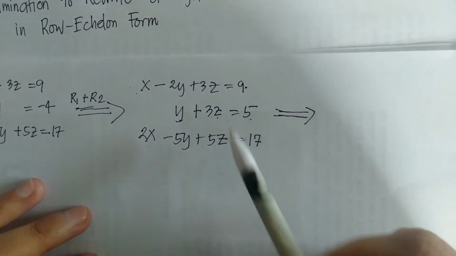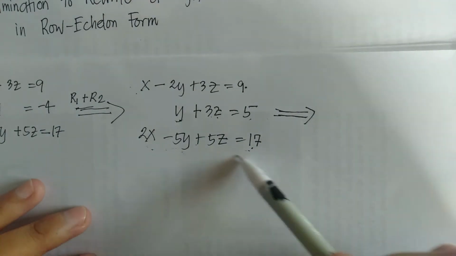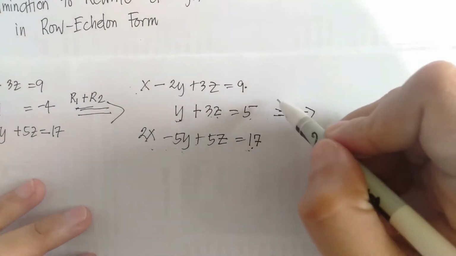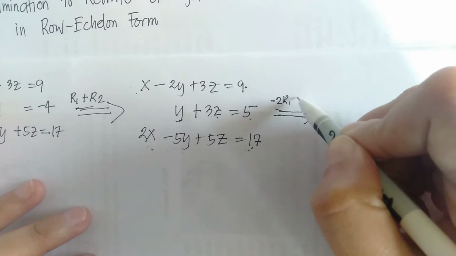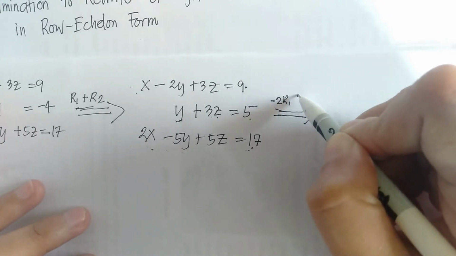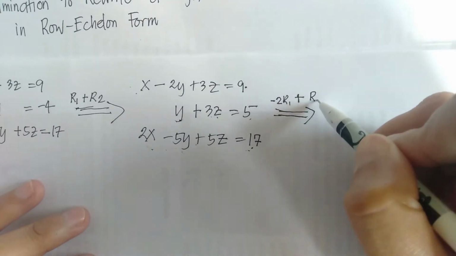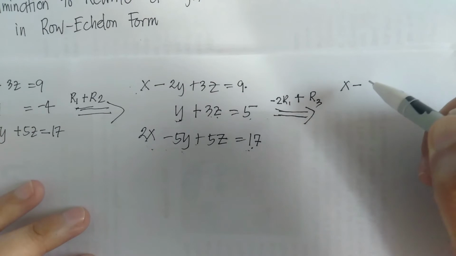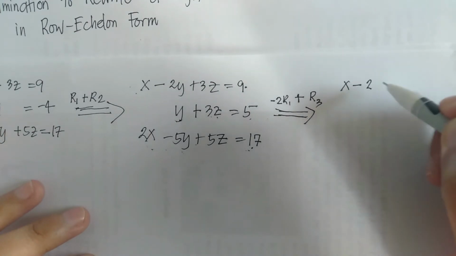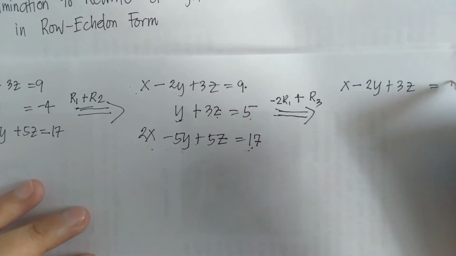This transformation is for the R3 equation, so we take negative 2 R1 and add it to R3. We simply copy the first equation, x minus 2y plus 3z equals 9.